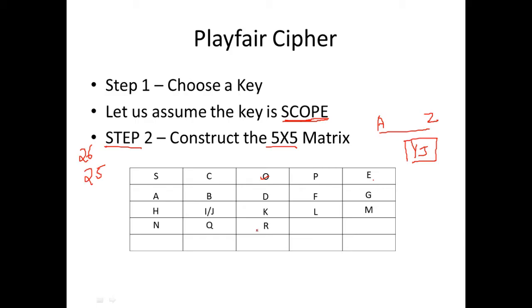Next comes Q, R, S we have already used, so it is T, U, V, W, X, Y, Z. So that's how you create this 5 cross 5 matrix. Very simple. First take a key, fill that key, and fill the remaining boxes with whatever alphabets remain from A to Z. We put I and J in the same box because you have to accommodate 26 characters in 25 boxes. The only important thing is none of the characters should repeat in the matrix.